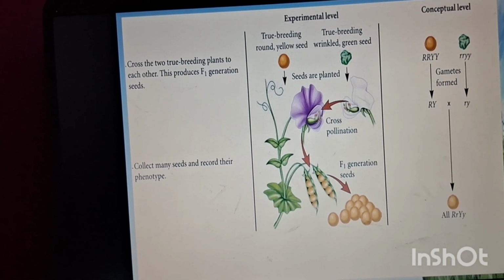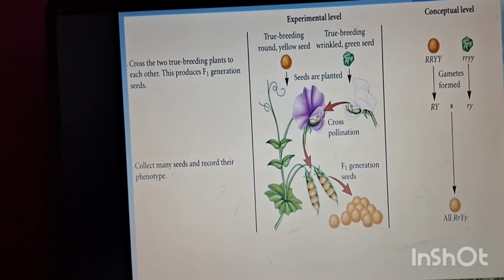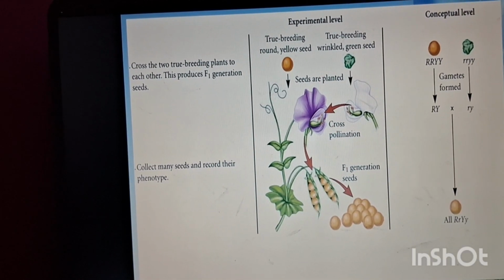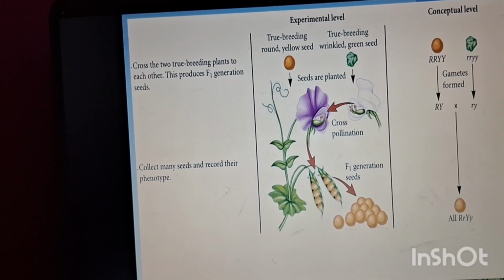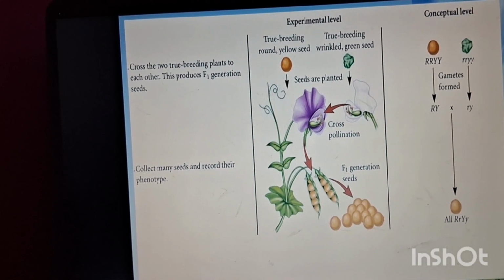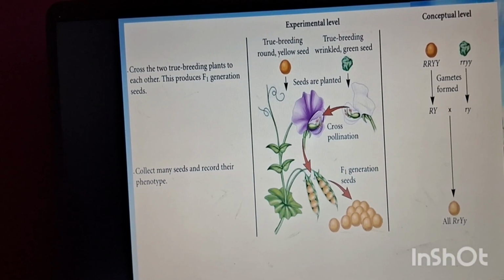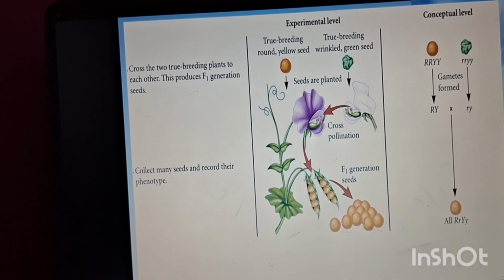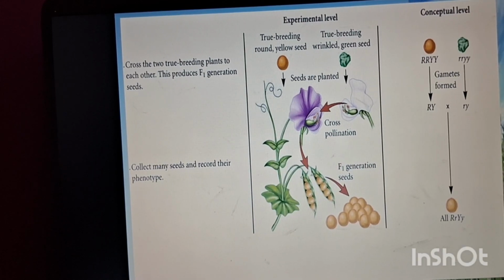Then they produce gametes in the F1 generation, that is capital R small r and capital Y small y, which is round and yellow seeds in the F1 generation. This is because capital R is dominant over small r and capital Y is dominant over small y.